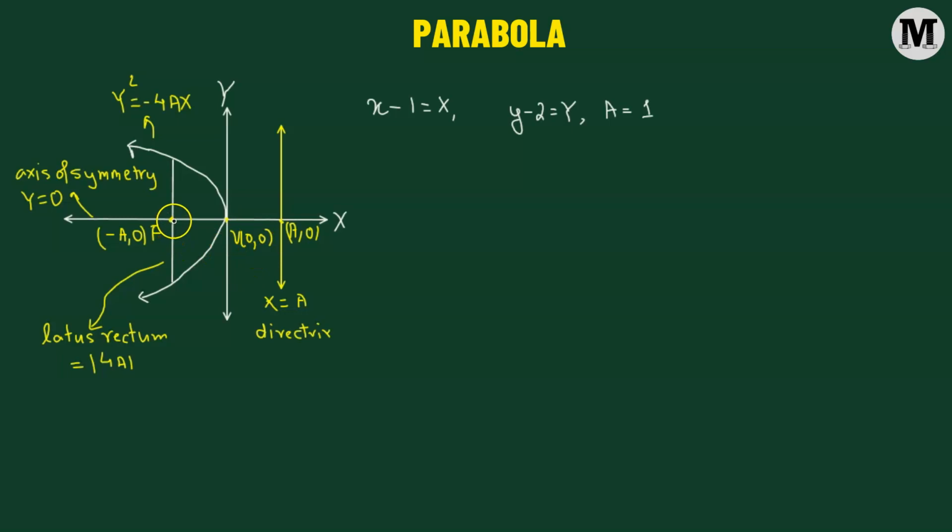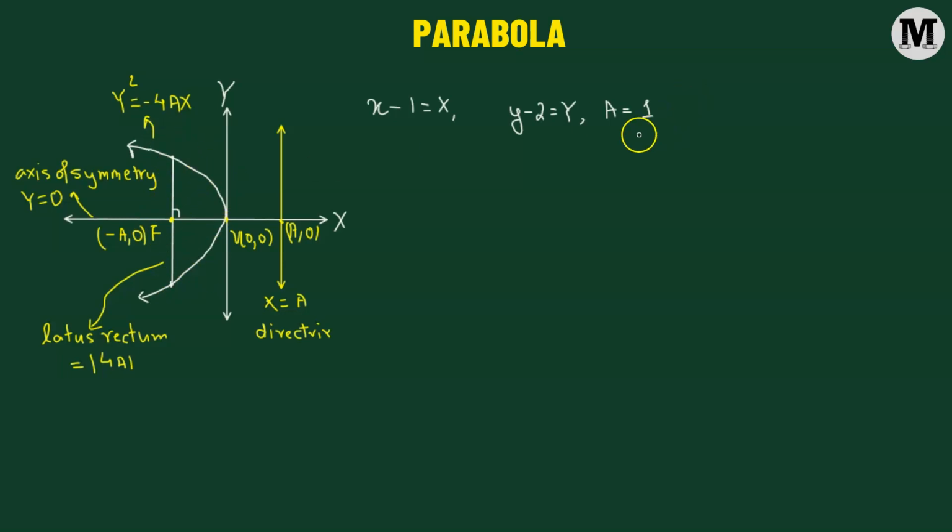The coordinates of the focus are going to be at negative a, 0, and the directrix is going to pass through the point a, 0 with the equation x equals a, because it's perpendicular to the x-axis, or the axis of symmetry. The axis of symmetry is the x-axis with the equation y equals 0. Then we have the latus rectum given by the absolute value of 4a. Latus rectum is the straight line which is perpendicular to the axis of symmetry, passes through the focus of the parabola, with its endpoints on the parabola.